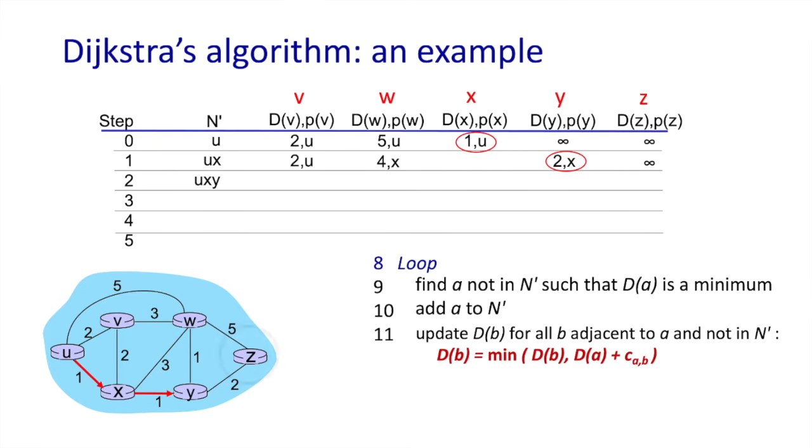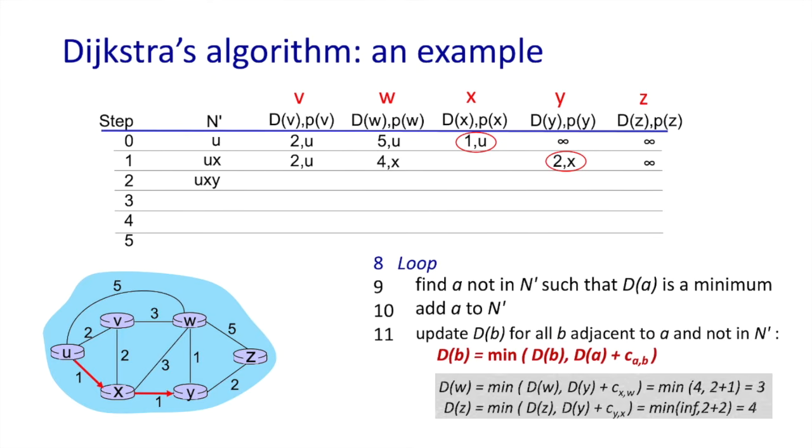That's W and Z. So we're going to update the values of W and Z as shown here. And you can see that the new cost to W is now decreased from 4 to 3, and the new cost to get to Z has decreased from infinity to 4. So we update the table above, and we're ready to iterate again.